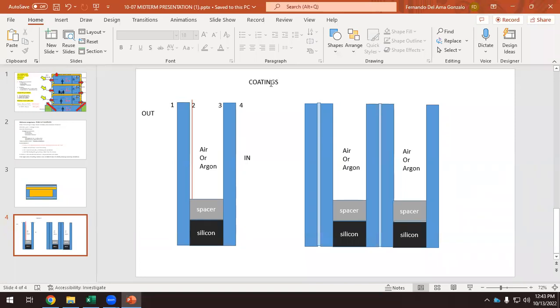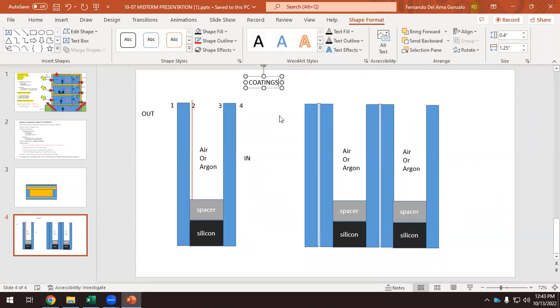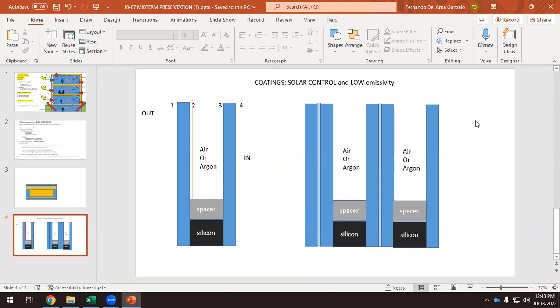But what kind of coatings do we have? We have 2 kinds of coatings: the solar control and the low emissivity coating. Those are the most popular coatings in the glass industry.